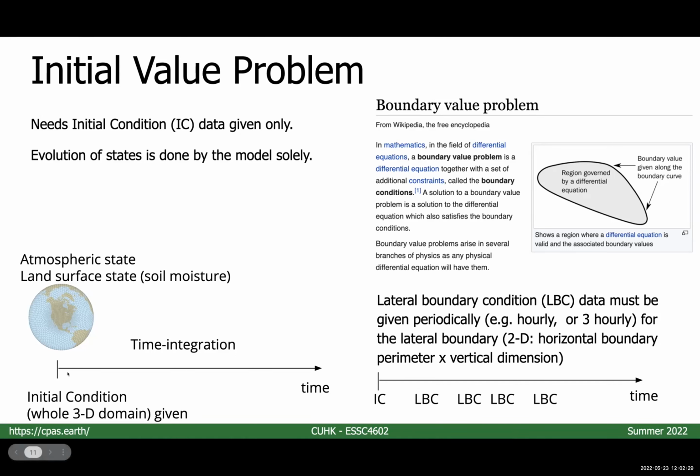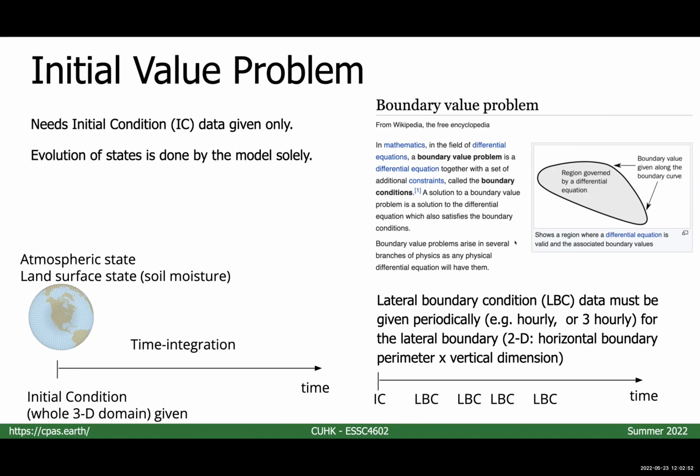And then the simulation will simulate the evolution of the atmospheric states and the surface land states over a long time. Say your simulation runs for 5.5 days, then it is the computation that you are waiting for after you submit the job.